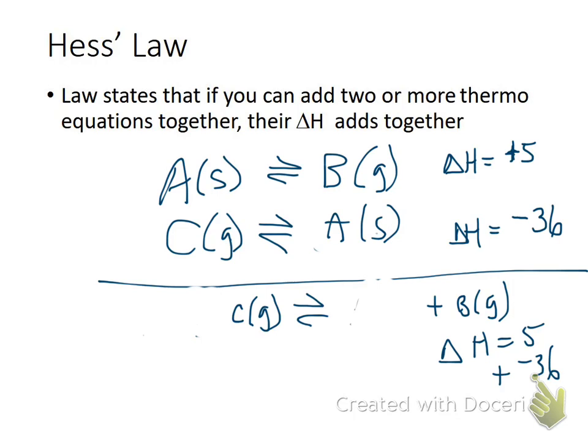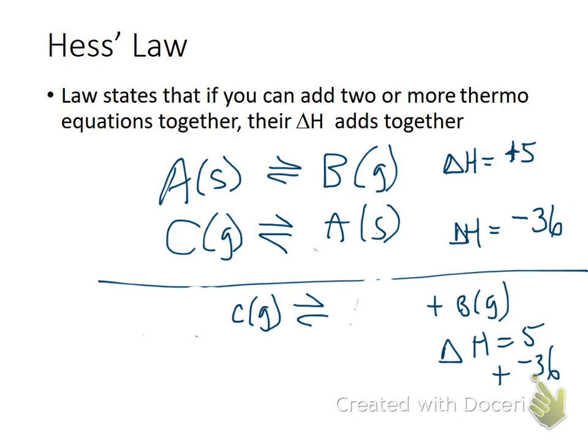So Hess's law allows me to play around with the equations that I have delta H's for, and combine them in new and novel ways to try to then find an equation, and its delta H, to something that maybe I cannot perform. Maybe it's a reaction that doesn't actually occur.